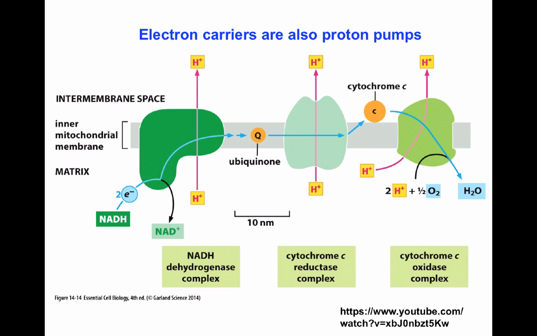Now, you have also present a soluble electron carrier called ubiquinone. It's a highly hydrophobic molecule that is present in the inner lumen of the membrane, so in the hydrophobic region of the membrane, and is able to shuttle electrons from the NADH dehydrogenase complex to the second complex, or actually we're going to call it the third complex, that is going to be the cytochrome C reductase complex.